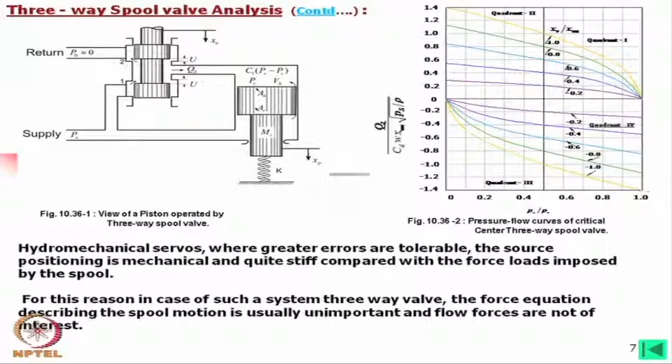Usually, what we have seen is that flow force has significant roles in controlling the spool in a servo mechanism. Now, in that case, the argument is that as we are tolerating the errors and the source positioning is mechanical, quite steep compared with the force loads, we can go for a three-way valve where the flow forces are not that significant.